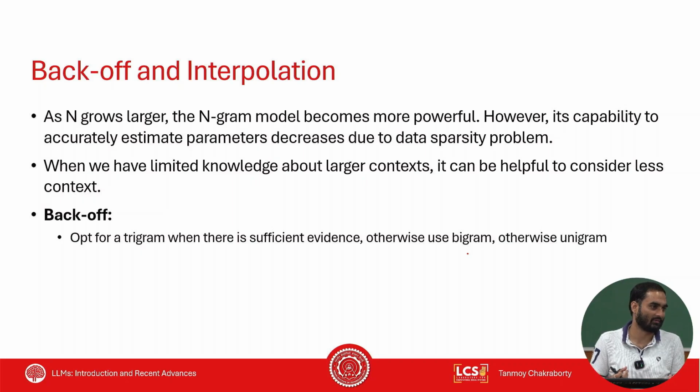Then we move to the unigram probability, and so on and so forth. Again, some sort of approximation. Remember, this approximation may not result in a true probability value. It may result in some number which may not satisfy the probability rule, right? But still, in a larger context, it is useful.